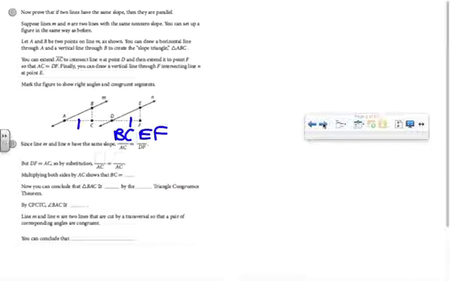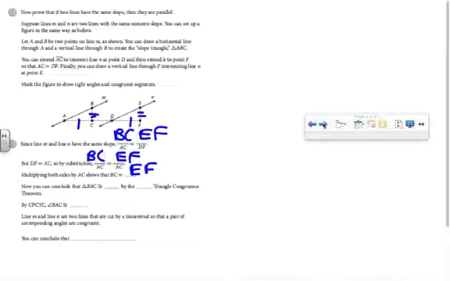But since DF is equal to AC, I can use substitution to say that BC over AC is equal to EF over AC. Now if I multiply both sides by AC, the denominator cancels out, and I have that BC is equal to EF.